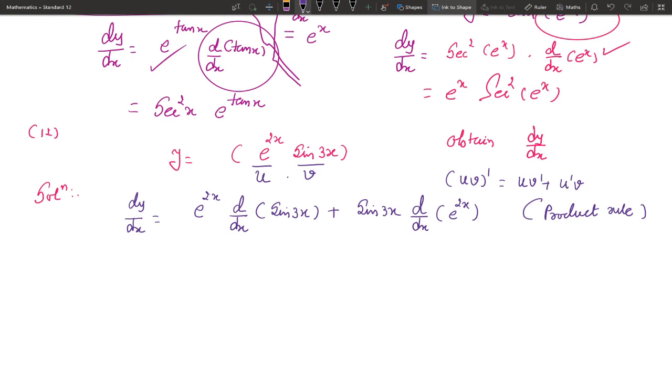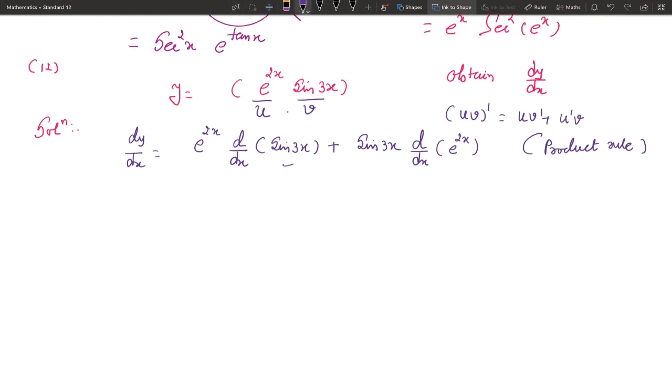Now when we differentiate this thing, we have to use chain rule. So this is e raised to 2x as it is, derivative of sine 3x. So please take care, derivative of sine, it is cos 3x. Inside it is not x, function of x.